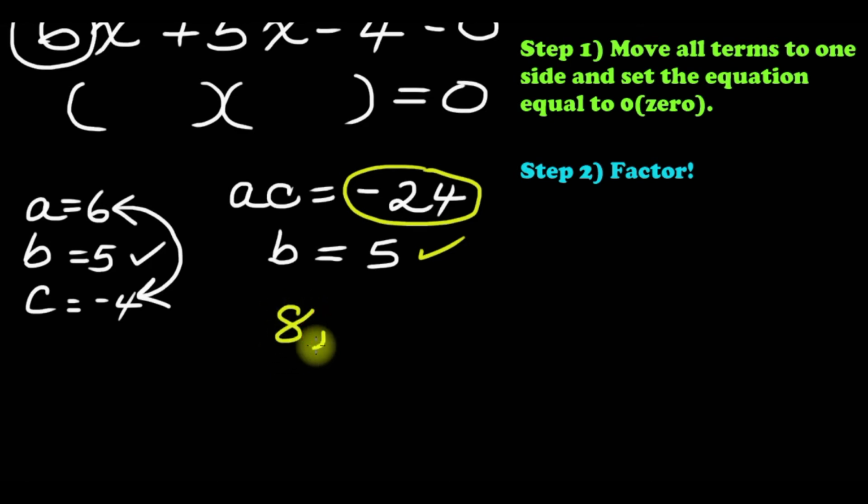But we need negative 24, so one of these numbers has to be negative. We want to add to positive 5, so we want the 8 to be positive, because when you add it with negative 3, it comes out to positive 5. So those are your two numbers.